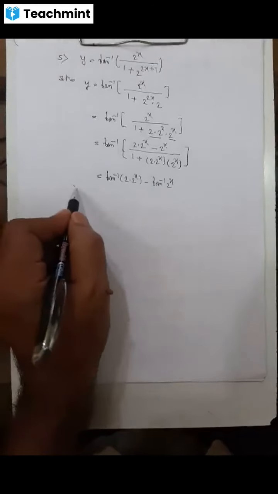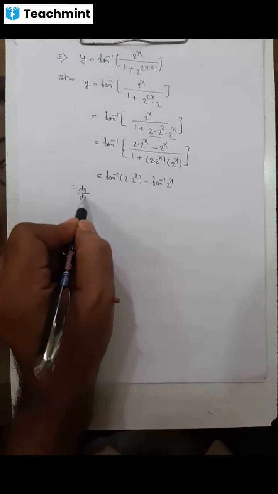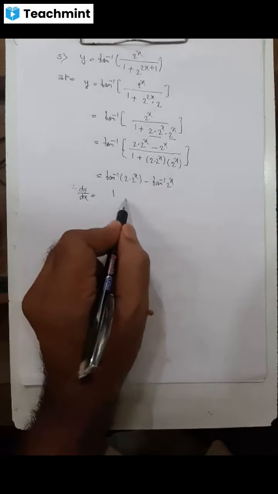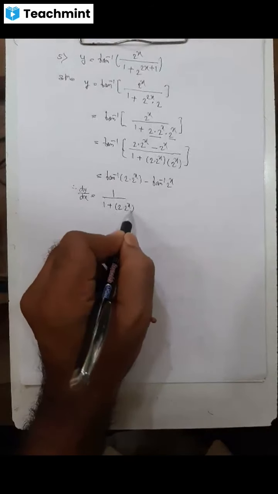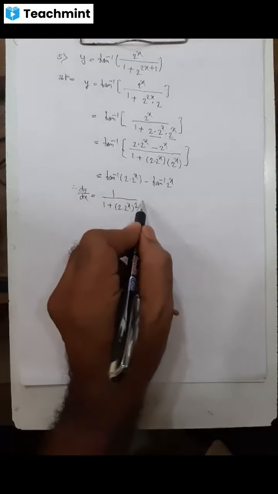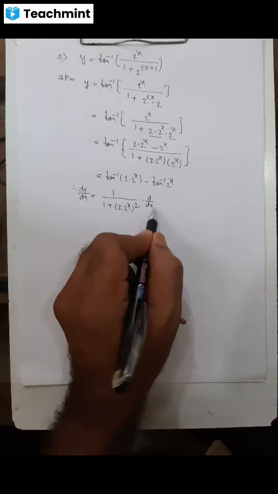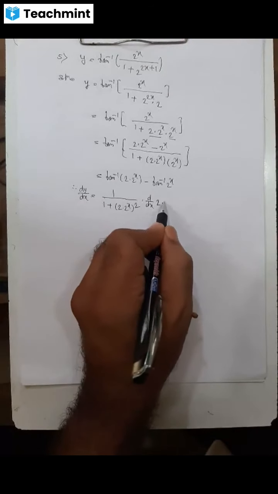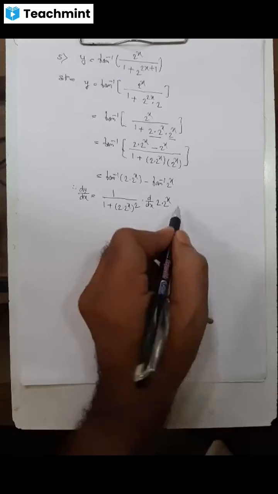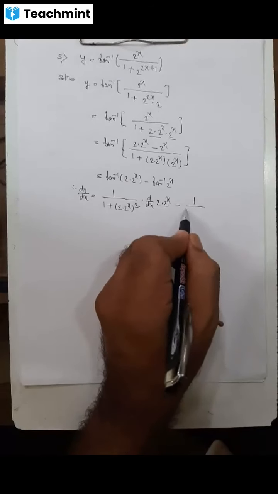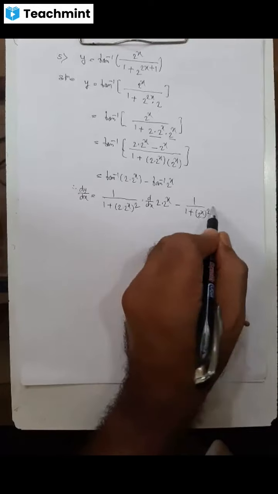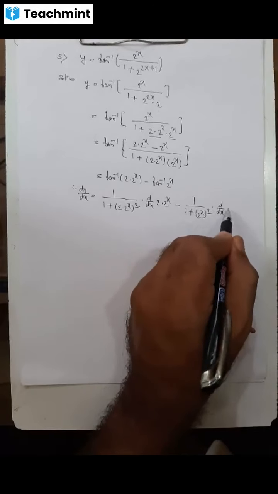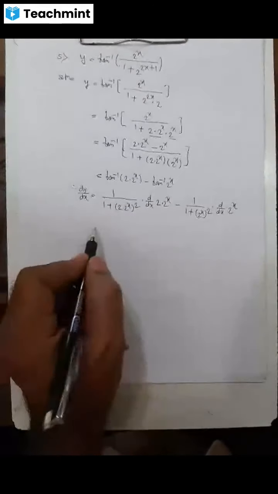And then take derivative. So dy by dx, derivative 1 divided by 1 plus 2 into 2 to the power x square into, by chain rule, multiply by derivative of 2 into 2 to the power x minus second term 1 divided by 1 plus 2 to the power x square and multiply by derivative of 2 to the power x.